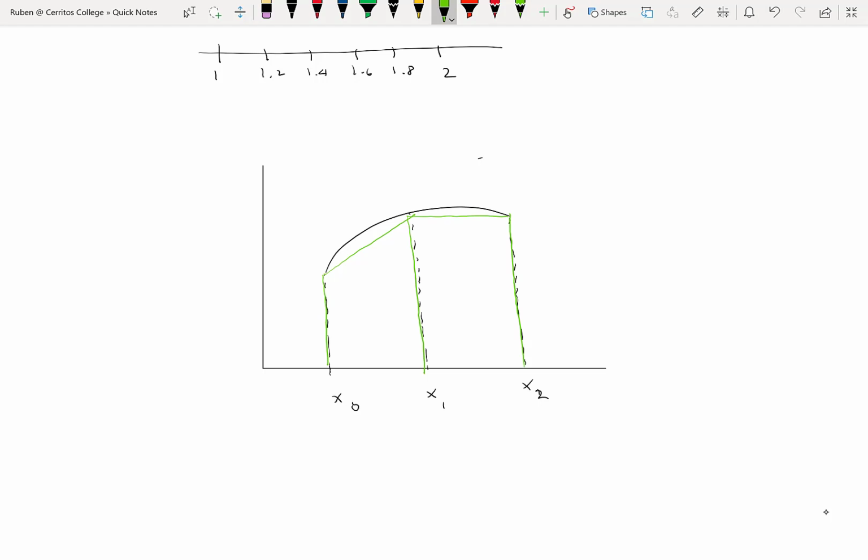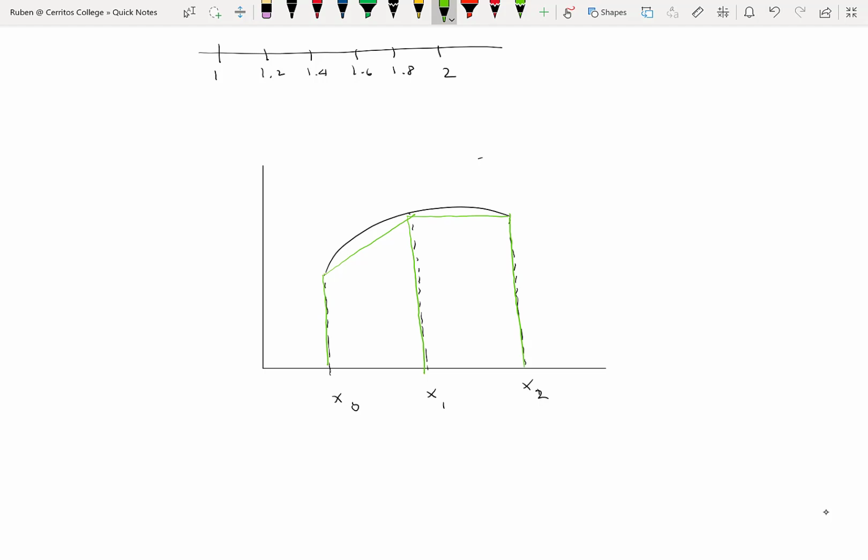Well, line segments are very simple functions, and that's why the trapezoid rule is so simple. Suppose I wanted to take those trapezoids and bend the top of those trapezoids toward the curve, squeezing out even more error. What simple curve can you think about that curves instead of being straight like lines?